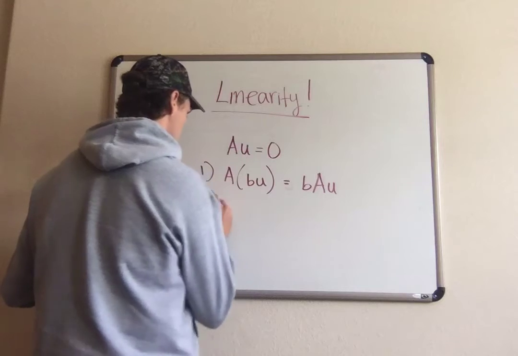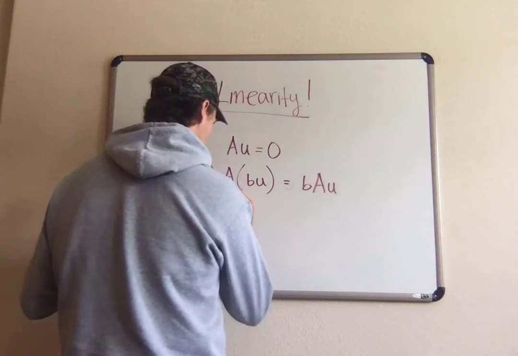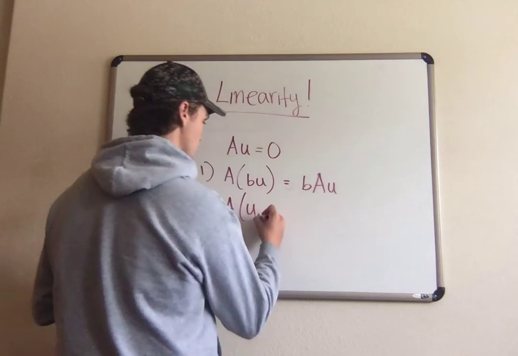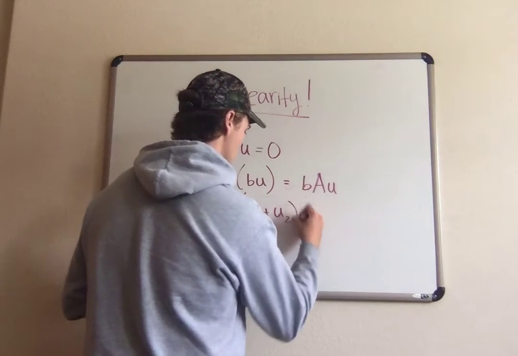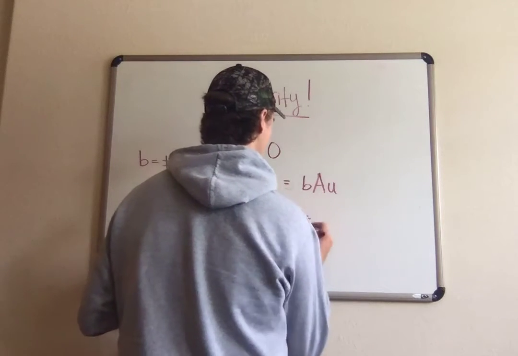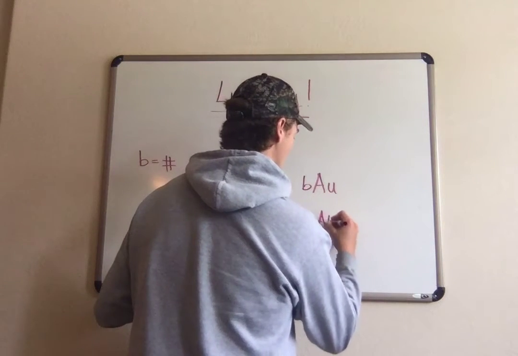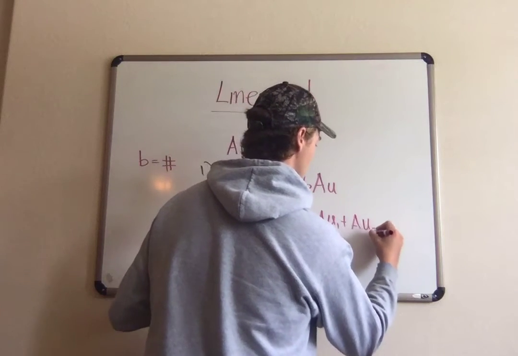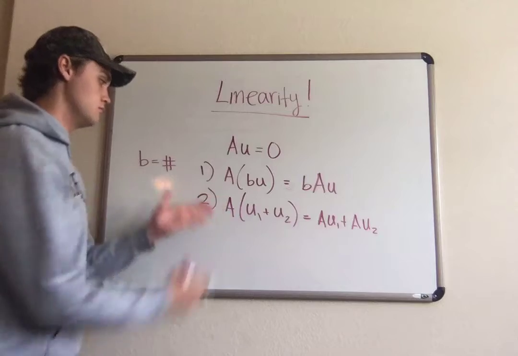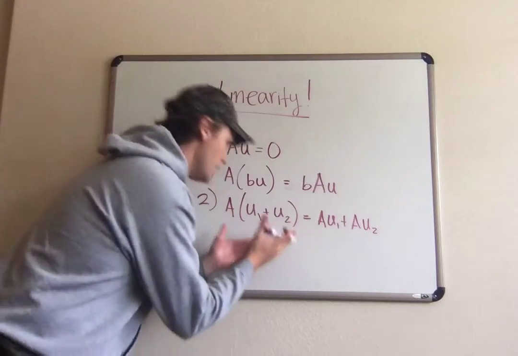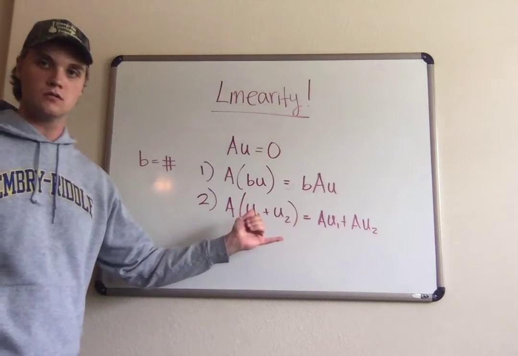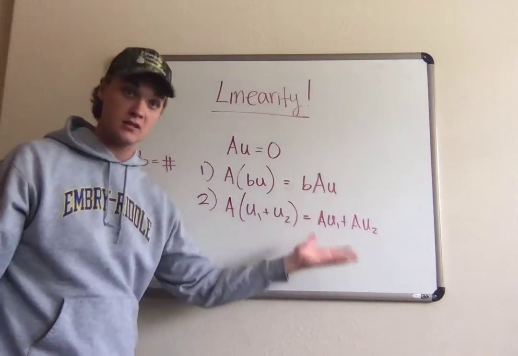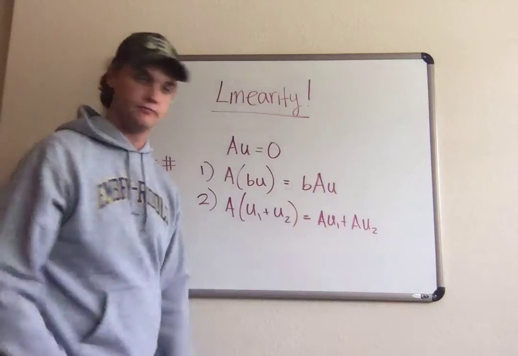Two, you might call this the distributive property, I don't know. But if I have, let's say, two unknowns, u1 and u2, that can be represented as A acting on u1 plus A acting on u2. So A acting on the combination of two unknowns can just be represented as A acting on the first unknown plus A acting on the second unknown.